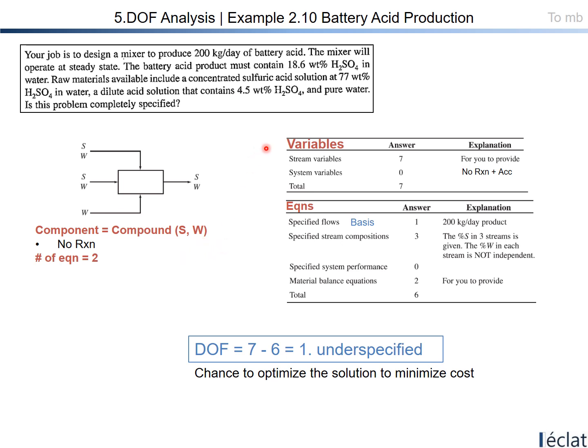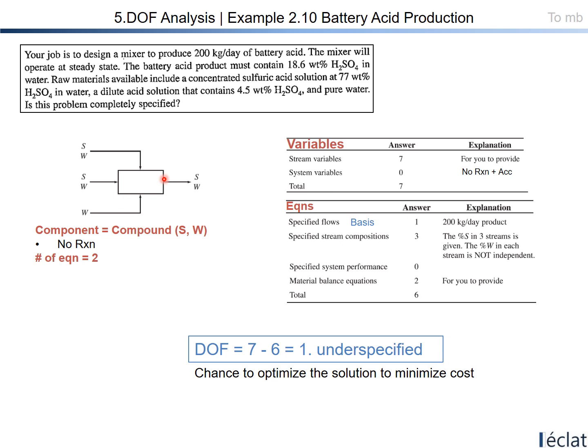Then let's count the number of variables or unknowns. The first one is stream variables. 1, 2, 3, 4, 5, 6, 7. 7. And how about system variables? There is no accumulation because it is steady state, and there is no generation term.